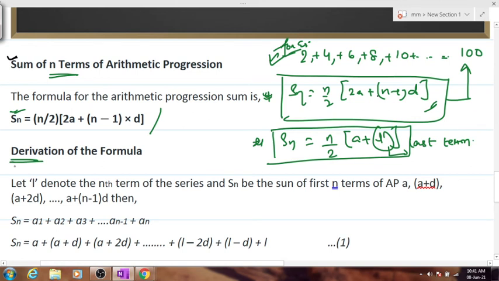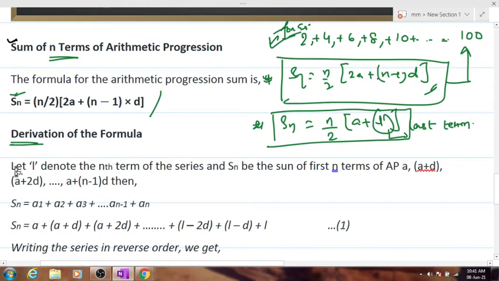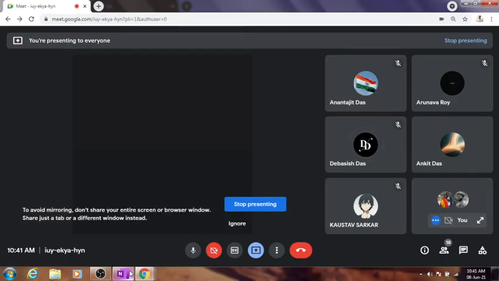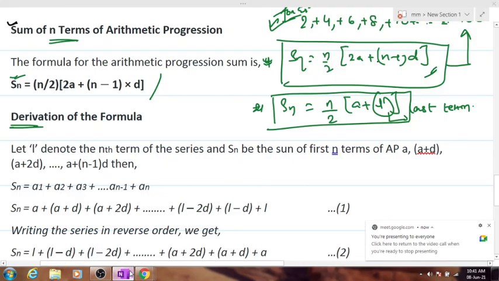Derivation of Sn. Should we start? Okay then.